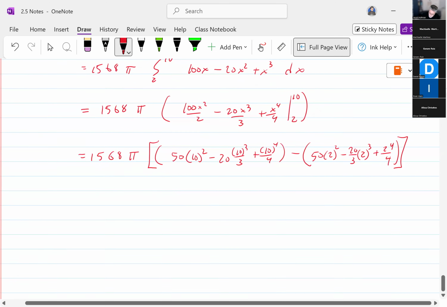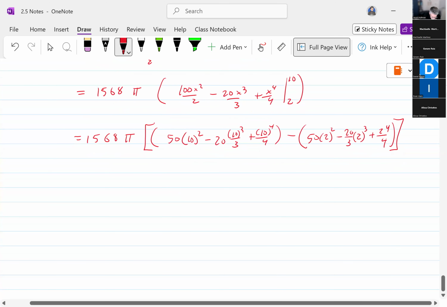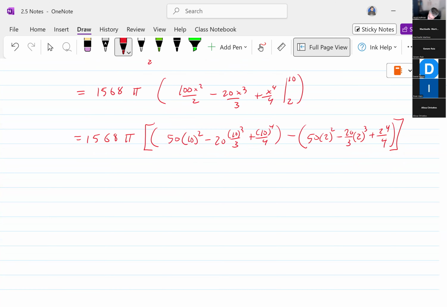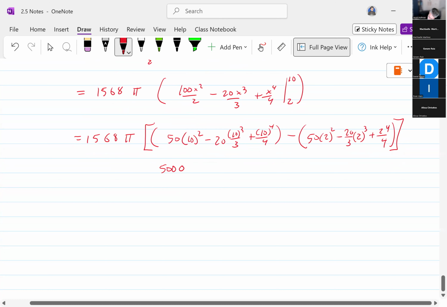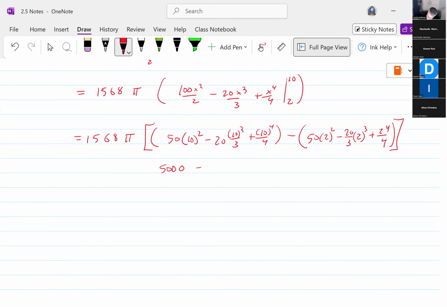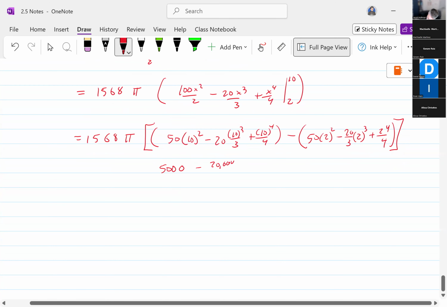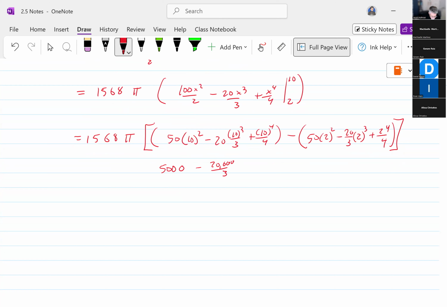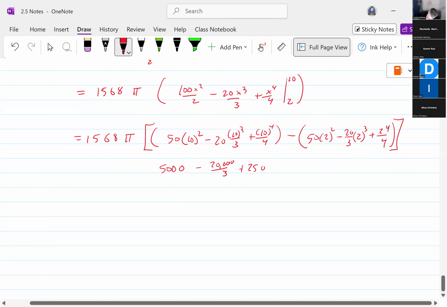Okay, now we just have fun with fractions. 50 times 100 is 5,000. This becomes 20,000 over 3. This becomes 10 to the 4th, which is 10,000, divided by 4 is 2,500.